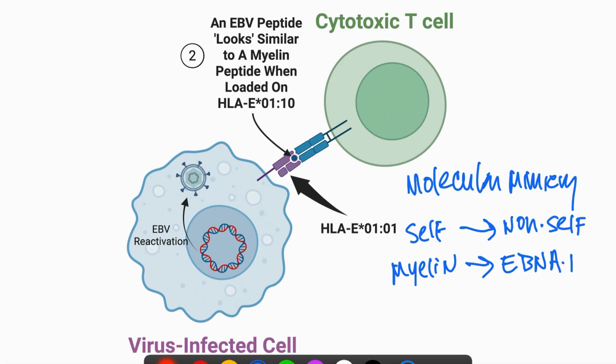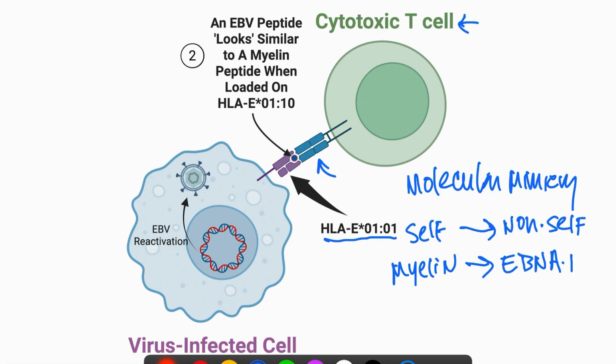And so this can lead to molecular mimicry, in which the T cell that is trained through its development of its T cell receptor to recognize a very specific combination of HLA, in this case HLA-E 0101, in combination with a very specific peptide or protein sample from EBV.